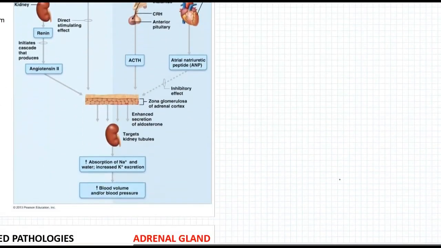So let's go back to this. What will be the stimulus? The stimulus will be low sodium content. I love talking about it because it shows how holistic the regulation is. Sodium content is low.